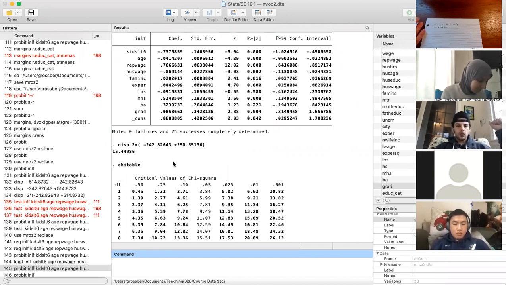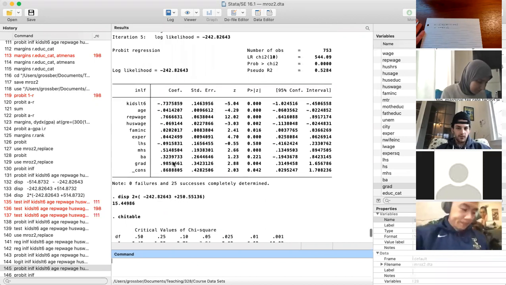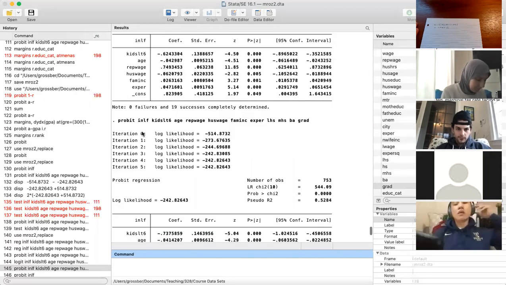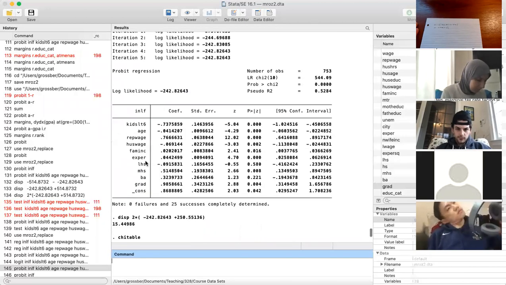What was the unconstrained regression you compared it to? The 250 number. Right. So this is the constrained one. The hypothesis that I'm trying to test is that, taken together, these things matter.